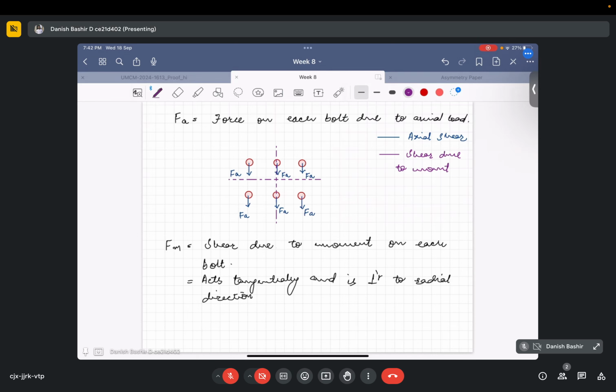I told you in each radial direction the force will be perpendicular. So this is the radial direction for this one, and this is the radial direction for this, and for this.